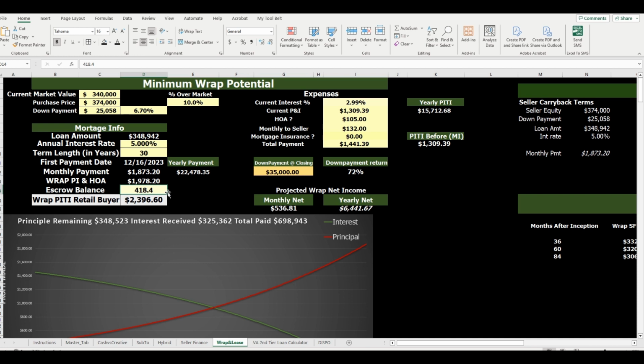Remember, they are becoming the new owner of the property. You wrapping the property, you are essentially doing a seller finance. You are creating a new note out of thin air. You're giving ownership to the property, and you, the investor, are now becoming the bank as opposed to the landlord.